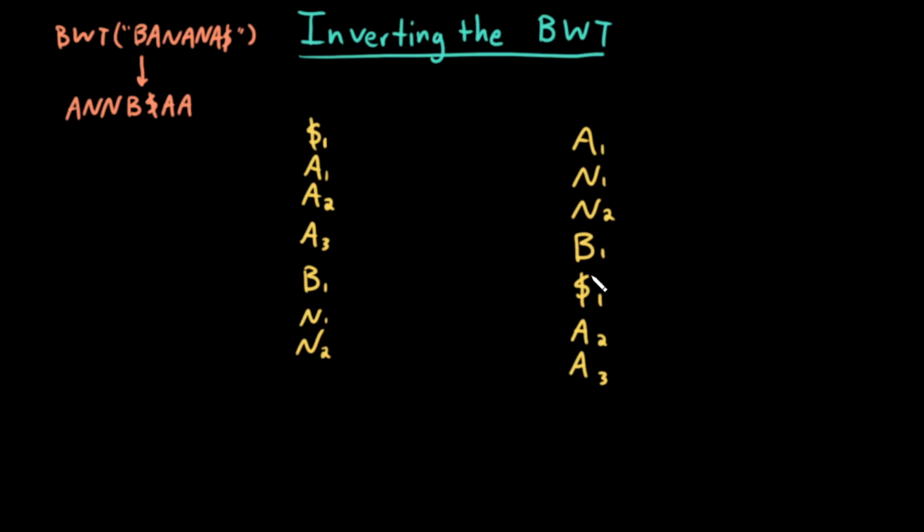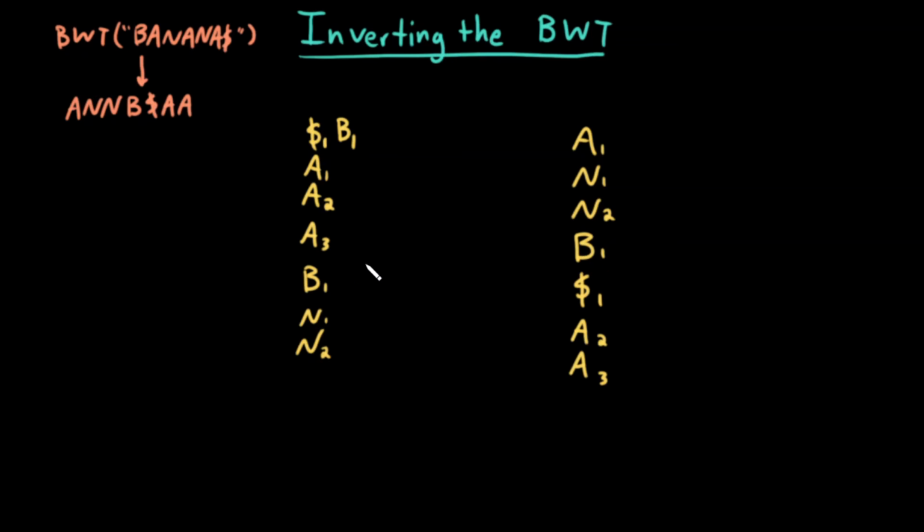Right, so the $ I know for sure was the last character of my string. Therefore, in the rotation in which $ is in the rightmost column, this must be the first character of my string. So $ to B1.